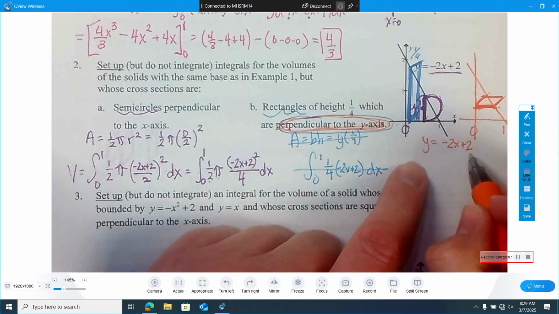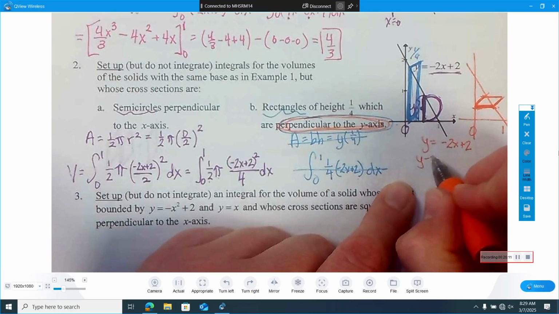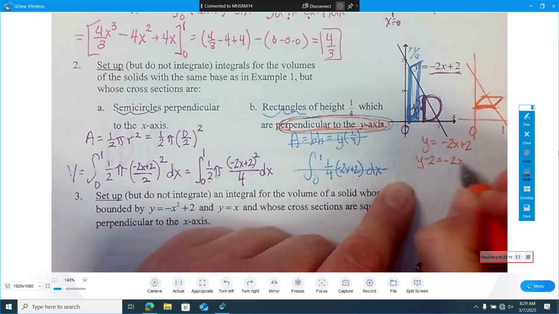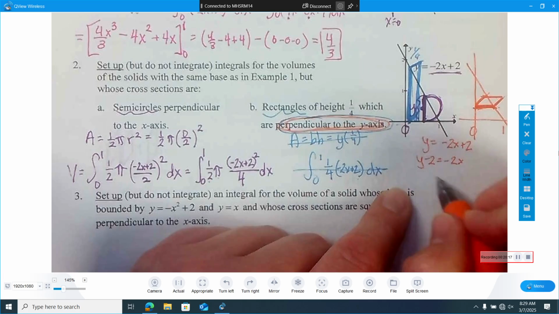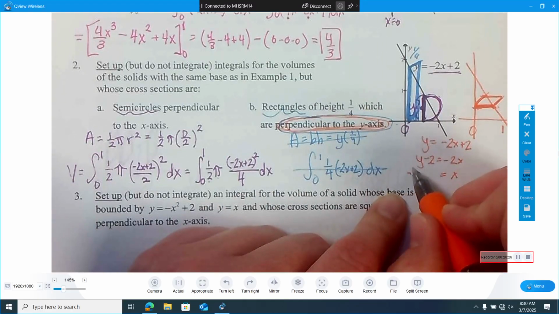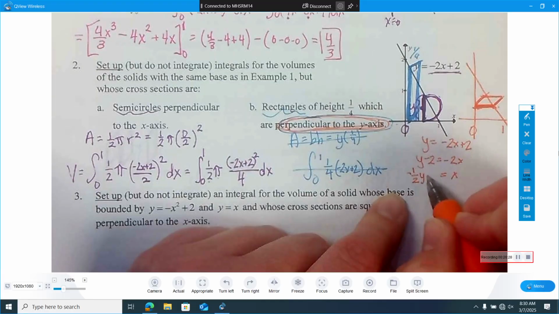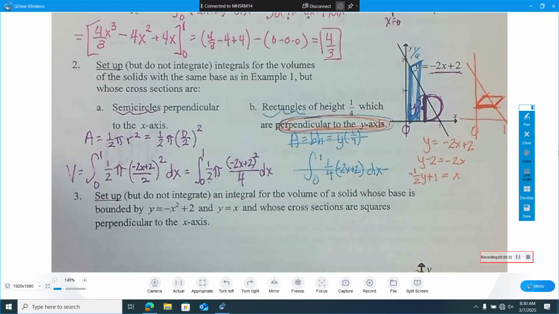I'm going to subtract the 2, so we get y minus 2 equals negative 2x, and then divide by negative 2. So I get x equals negative 1/2 y plus 1. You good with that?